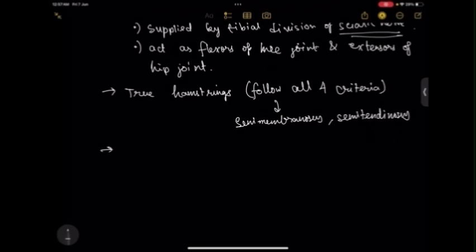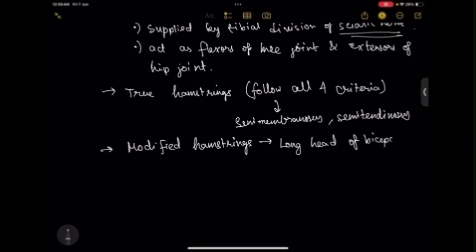So now we have to tell the modified hamstrings. What are the modified hamstrings? It's the long head of biceps femoris and the ischial fibers of adductor magnus.